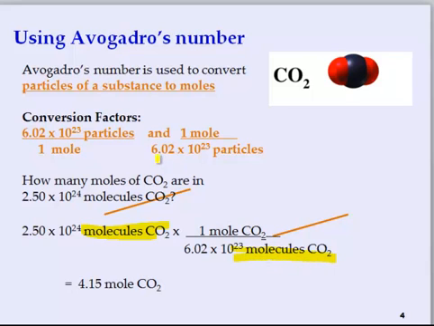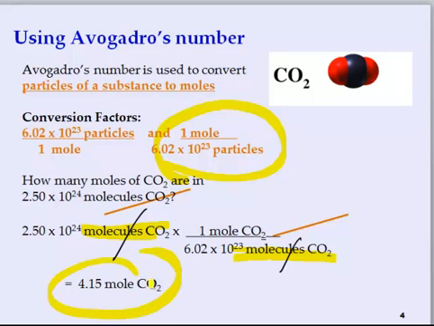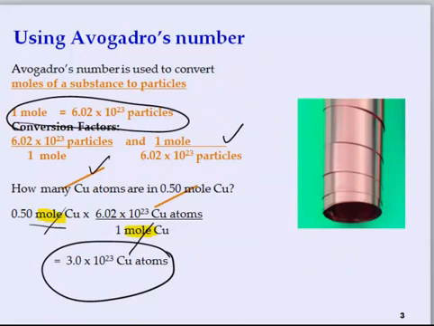In this particular case, I'm using this part of the conversion factor and setting it up to cancel my molecules and expressing my answer in the number of moles. In the previous example, let's go back and you can see up here I used this part of the conversion factor.